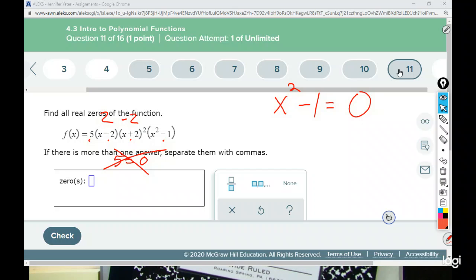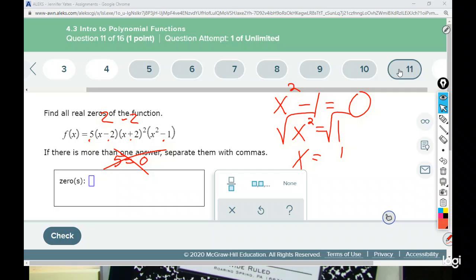So this was tricky. Help me solve for x. Should we add 1? How do I get rid of that square? All right. Now, you've got to remember when I'm solving for x, and I had an x squared, I just had to take a square root. I didn't do it on 0 a second ago because plus or minus 0 is still 0.